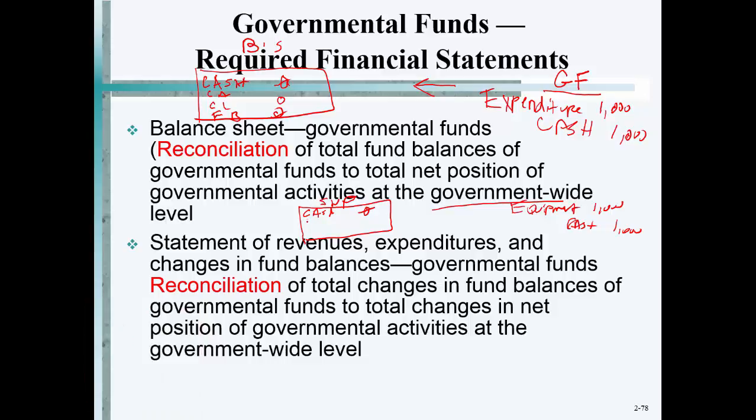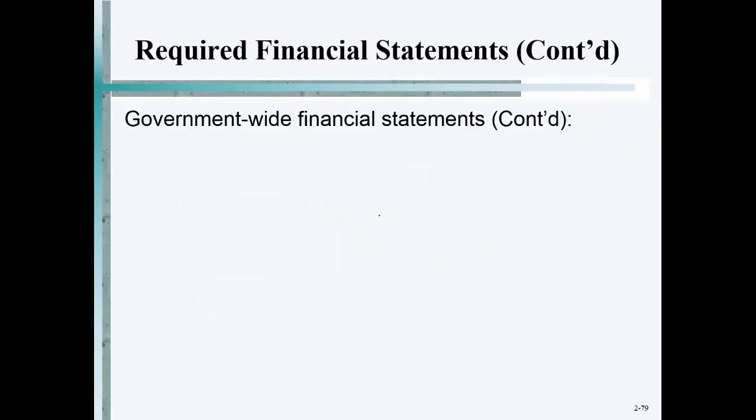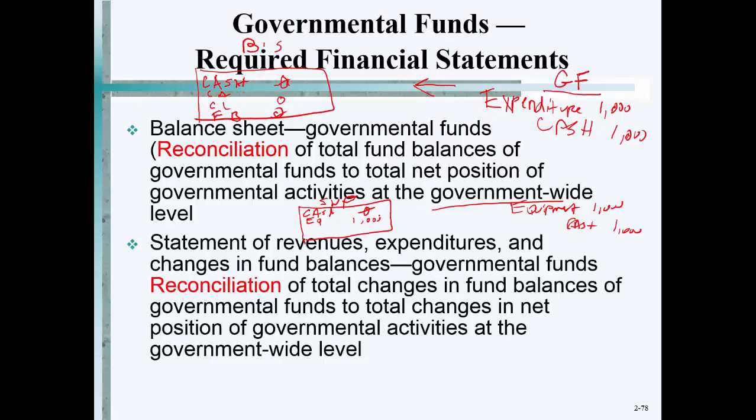So I have equipment here now of 1,000, don't I? And I have no liabilities. The liabilities are zero. So my net position now is how much? Not a trick question. 1,000, because I have that equipment, right? My assets minus my liabilities give me a net position of $1,000, doesn't it?